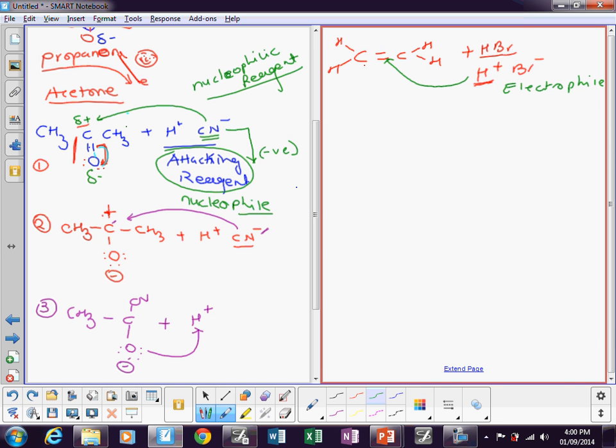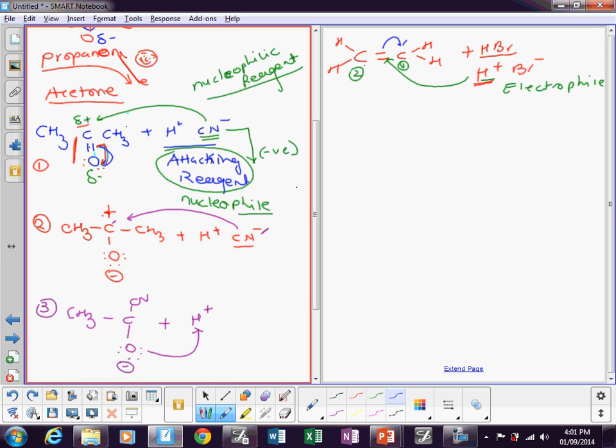The double bond is rich in electrons, so the electron density is high. There are two carbons, 1 and 2. The H plus is nearer to carbon number 1 on the right-hand side, so this electron pair will transfer over here, just as the electron pair went towards oxygen earlier. Here the electron pair goes to carbon, the next step.